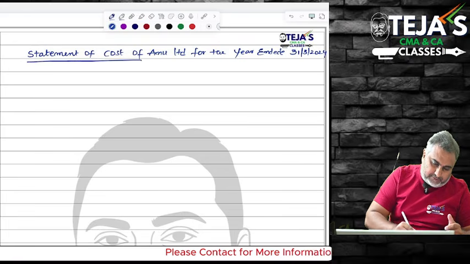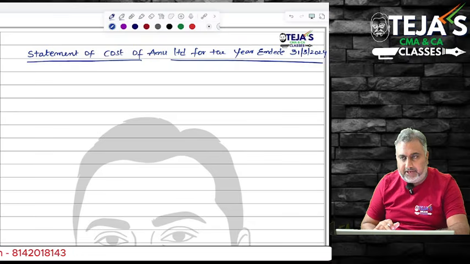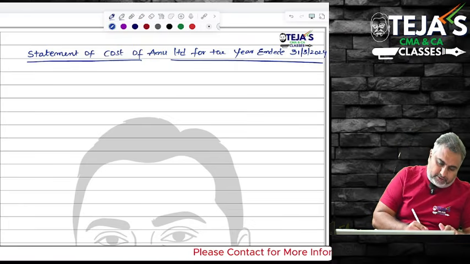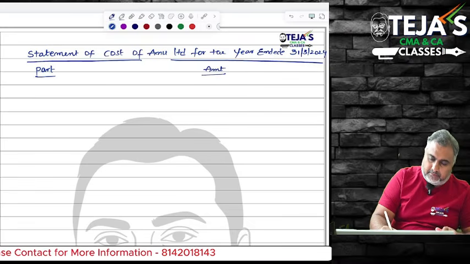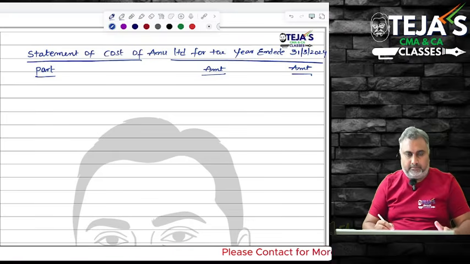Statement of cost of Anu Limited for the year ending 31st December 2024. Open 3 columns: particulars, amount, amount.